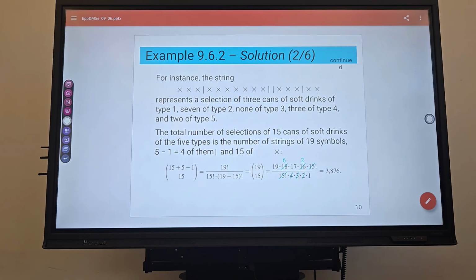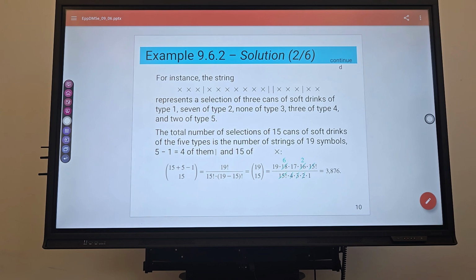So work that out, it's 19 factorial divided by 15 factorial times 19 minus 15 factorial, or 19 choose 15.